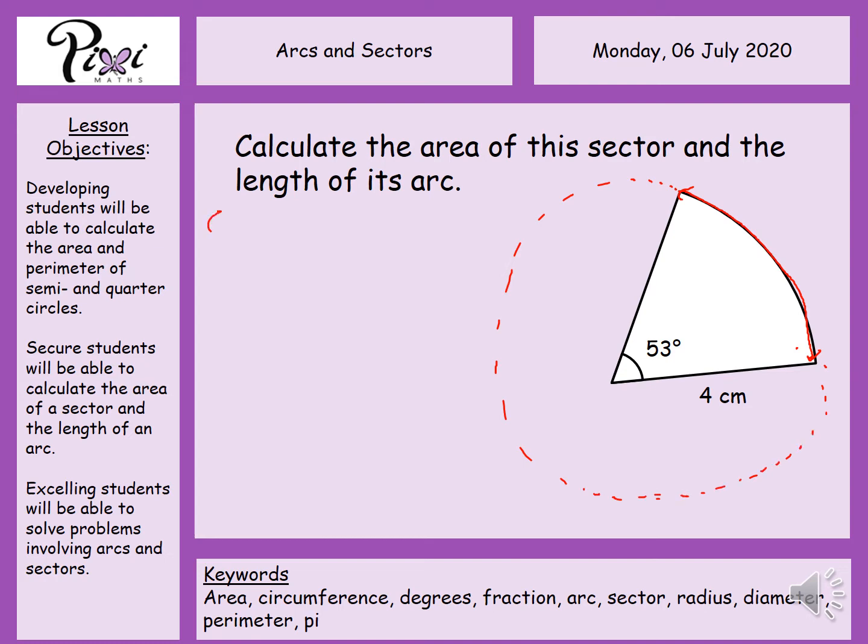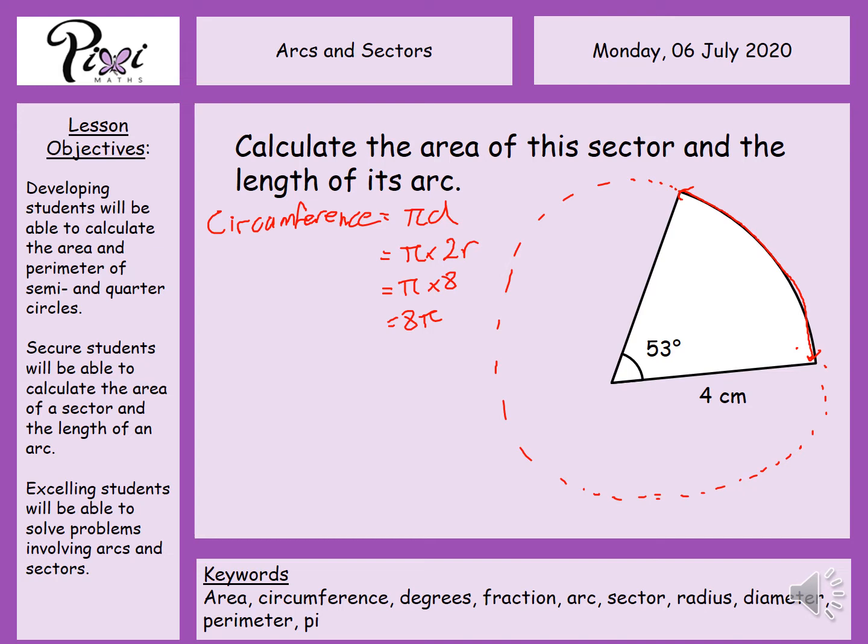So circumference, the full circumference, we do pi times diameter. So in this case it's pi and then the diameter is 2 times the radius. So it's pi times 8 pi. So that's the circumference of the full shape, sorry, the full circle.